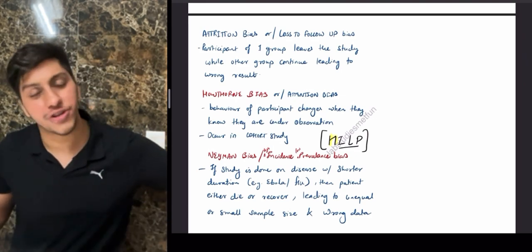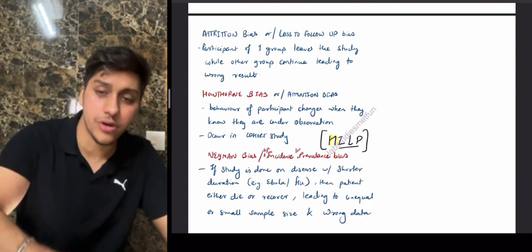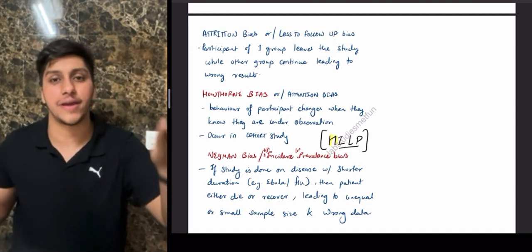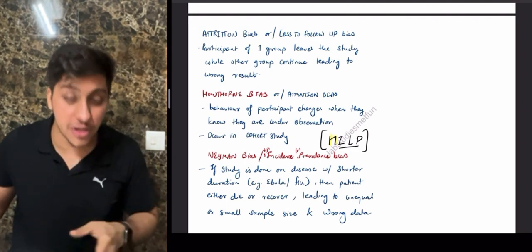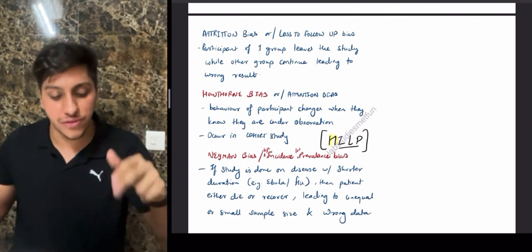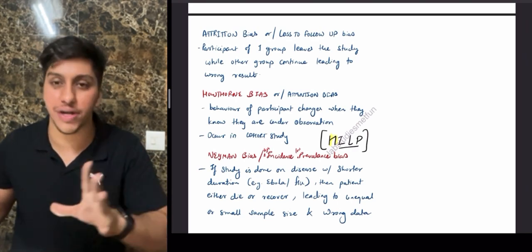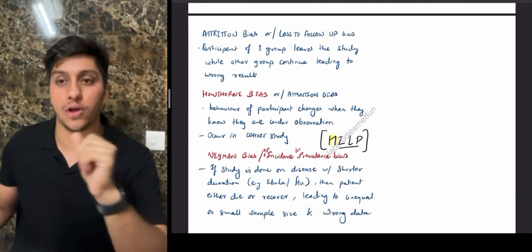And the person who is having alcohol is continuing. And then I found that those people who were drinking something else did not get pancreatitis, and the person who was drinking alcohol got pancreatitis. Now this study is not correct. Why? Because the other group already left. What if this group, which we lost to follow-up, could also get pancreatitis from what they were drinking, correct? So this is known as attrition bias, also known as loss to follow-up.